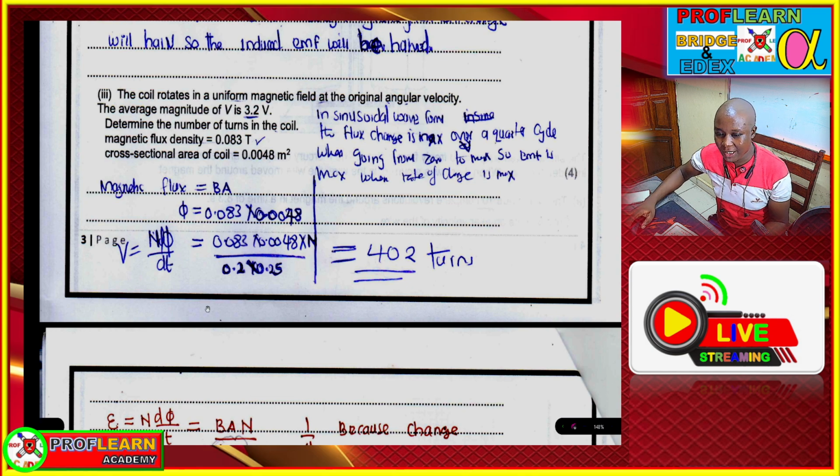So that's why you can see I first calculated the magnetic flux, which is BA, the magnetic flux density times the cross-section area. Then you also need to remember that EMF is equal to the rate of change of magnetic flux, because that is according to Faraday's law.